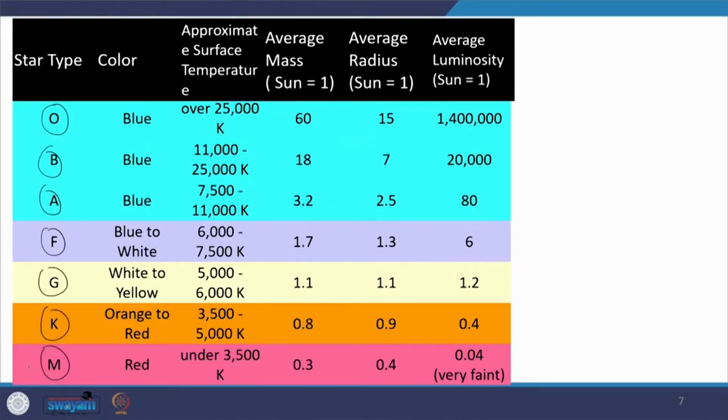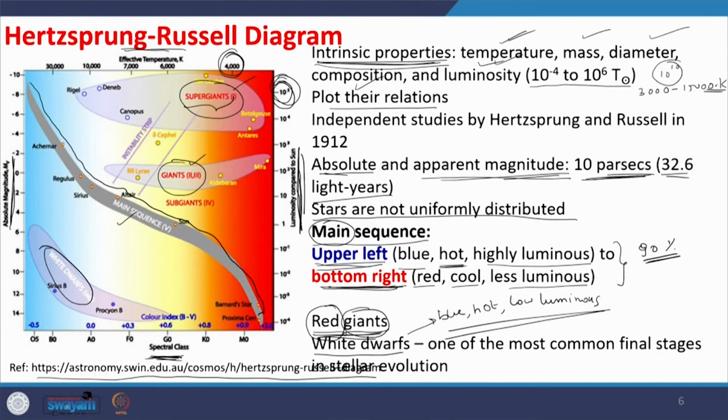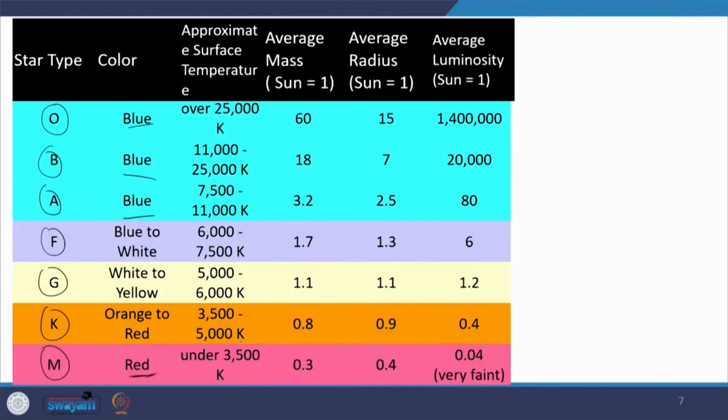These kinds of codes are given, and the color could be blue, or blue to white, the transition, white to yellow, orange to red, and red finally. Let me go to the previous slide. You can see here O, B, A, F, G, K, M. These codes correspond to these colors, and corresponding to each color, the surface temperature approximately ranges from 25,000 to 3,500.